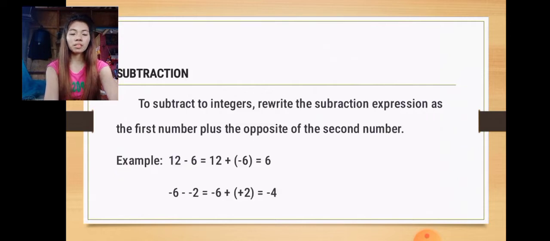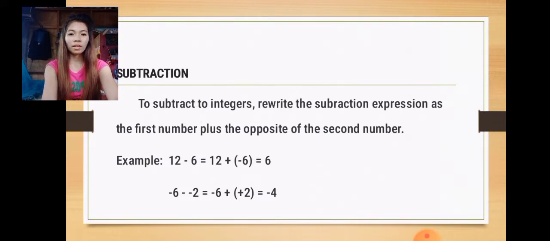Next, in subtraction. To subtract two integers, rewrite the subtraction expression as the first number plus the opposite of the second number. For example, 12 minus 6 is equal to 12 plus negative 6, which is equal to 6.